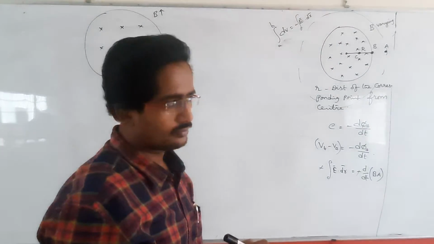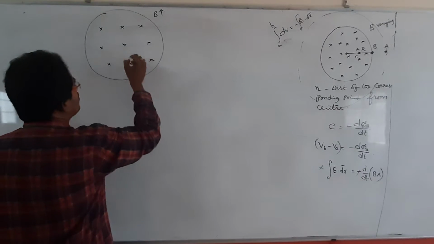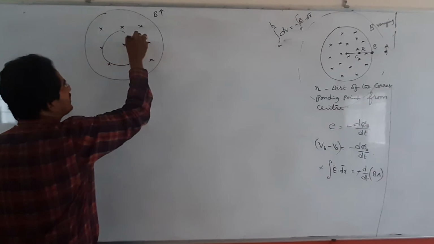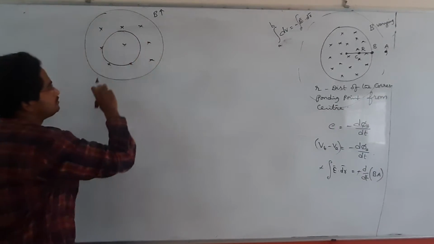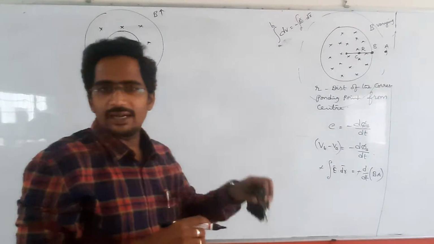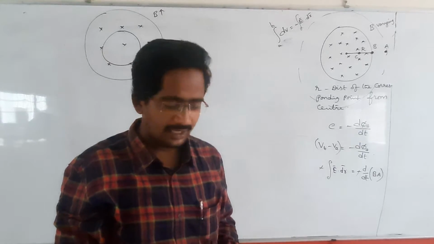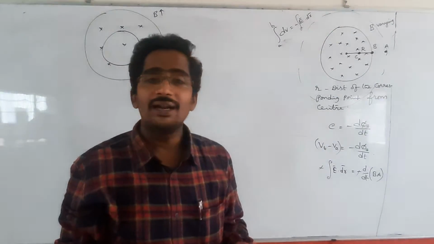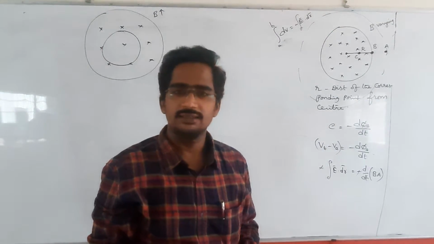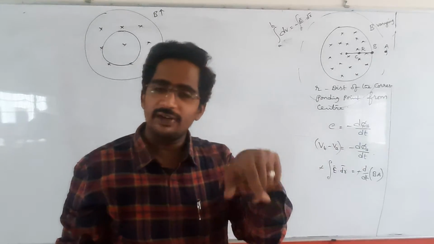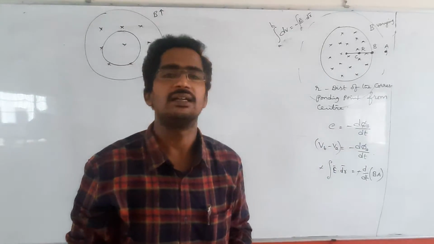How to get it? Simple. Imagine a coil inside this varying magnetic field. Then inside the coil, what is the direction of induced current? That will be the direction of the induced electric field.